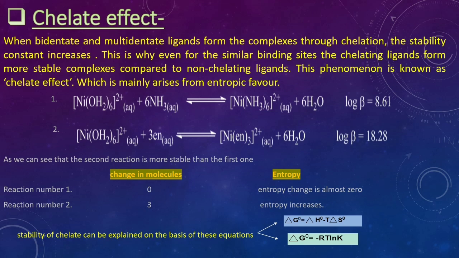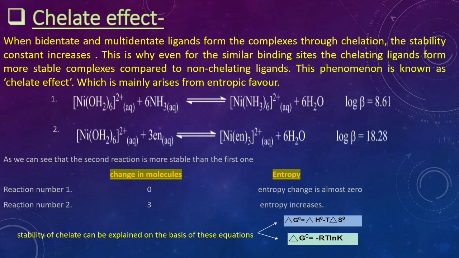In reaction 1, the change in the number of molecules is 0, so the entropy change is also 0. In reaction 2, the change in the number of molecules is 3, so the entropy also increases. In the second reaction, the T del S term becomes even more dominant over the del H term, which makes del G highly negative and makes the reaction spontaneous.